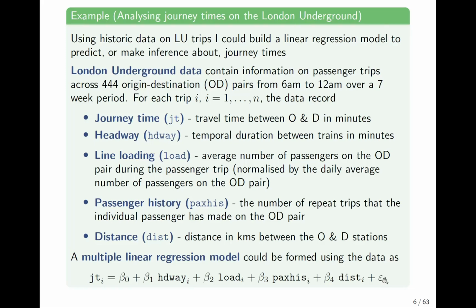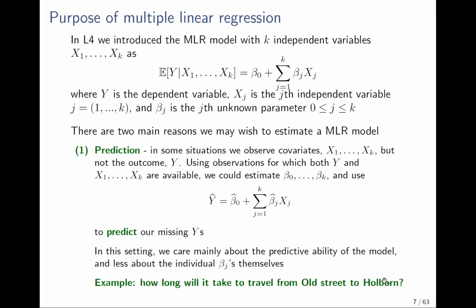Now in lecture 4 we introduced the multiple linear regression model already, actually, using this notation. So with k independent variables, x1 to xk, we wrote the multiple linear regression model as the conditional expectation of y given x1 to xk.